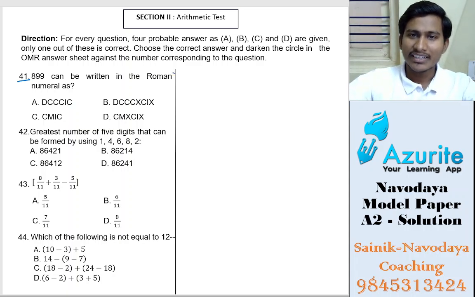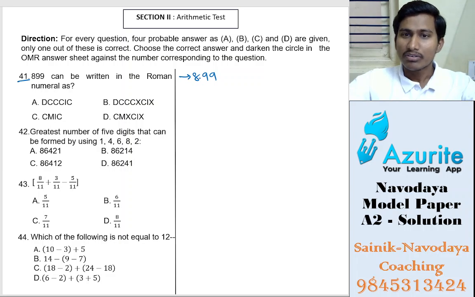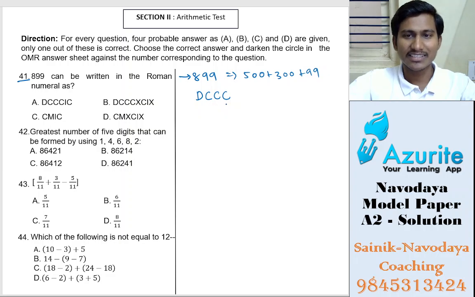We can write it as 500 plus 300, then 99. 500 is D, and 100 is C, so 300 means we have to take three C's. Now 99 we write as 100 minus 10 plus 9.